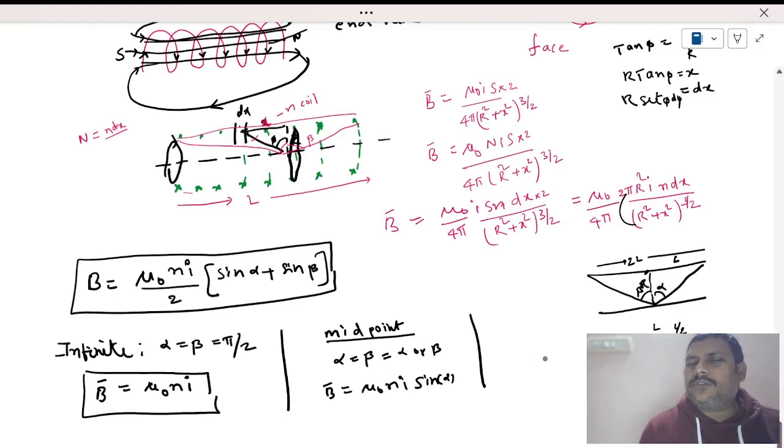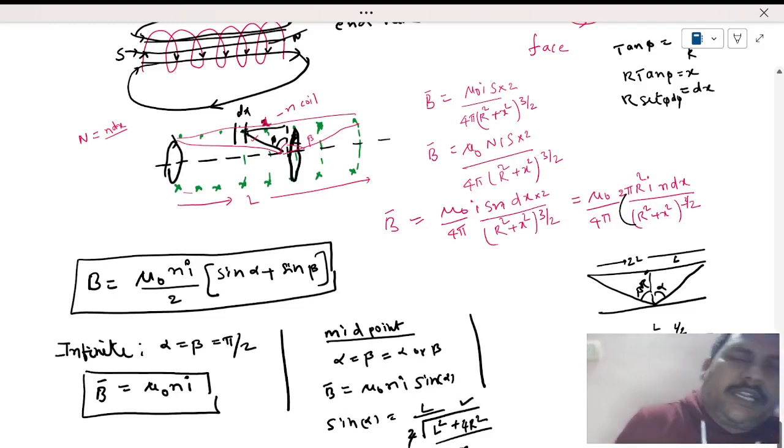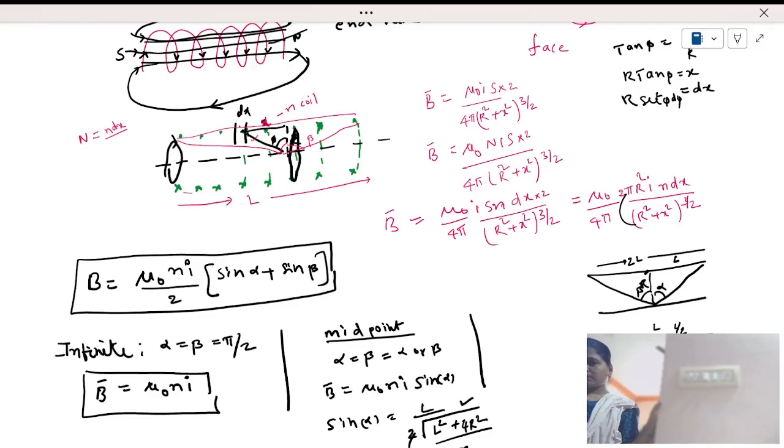So sin alpha is equal to L by 2 over root of L square plus 4R square by 4, the 2 gets cancelled. This is the sin alpha value. So you can substitute in the formula: B is equal to mu naught ni L by root over L square plus 4R square.